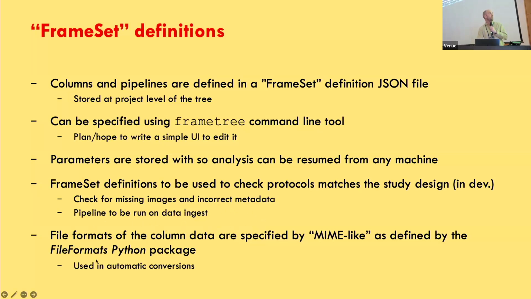And then each one of these columns gets assigned a file format, and this MIME type or MIME-like description by this file formats package that I've written, which also helps with that. It enables us to do some automatic conversion, so you can take inputs from multiple format types.